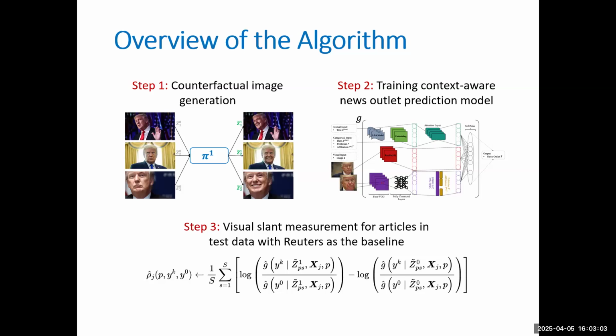You can define it at the article level and then aggregate it for all the articles of one politician. Here again, as I said, we compare it to Reuters as the baseline. If you have other suggestions, it's easy, since everything is analytic, so it's easy to move the baseline to something else. But Reuters, I think we just used it because it seemed more reasonable.